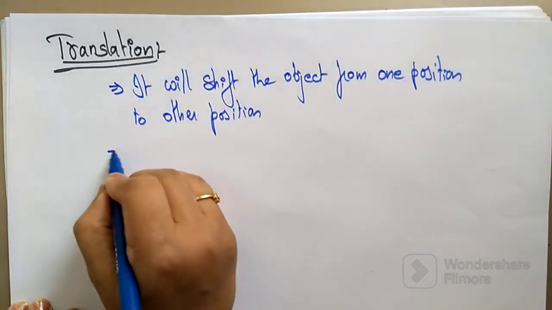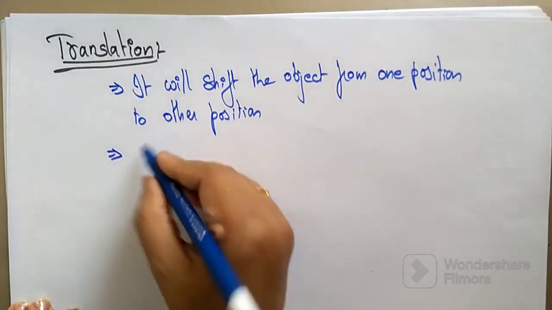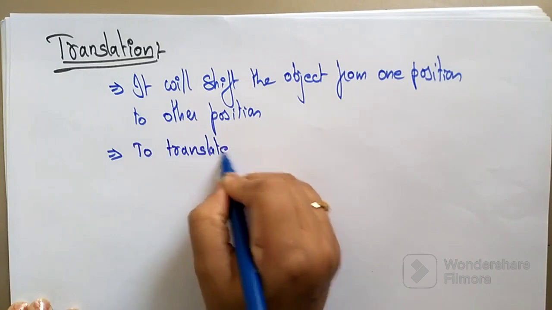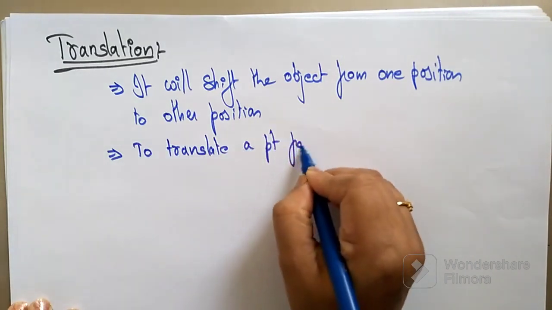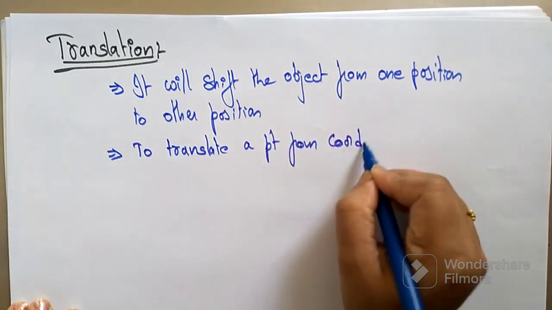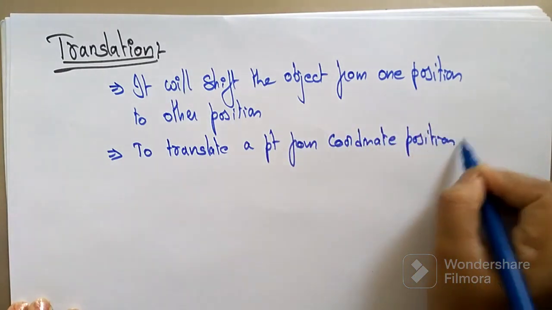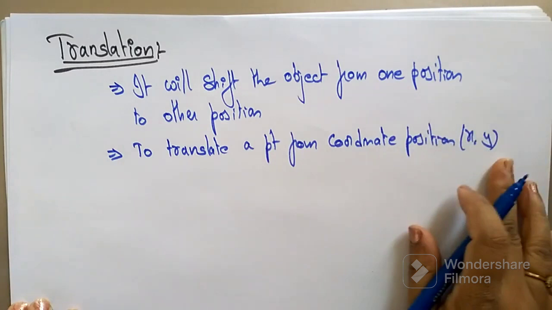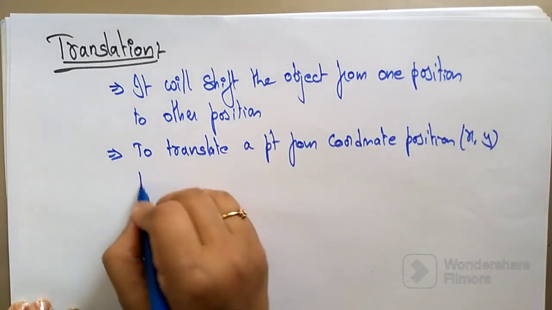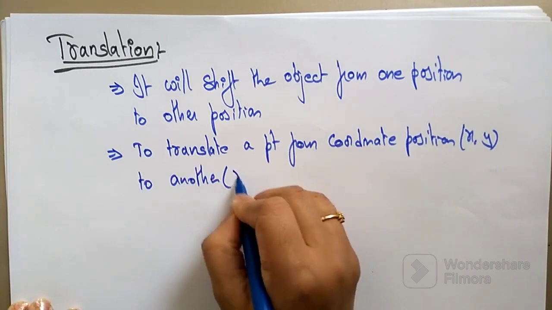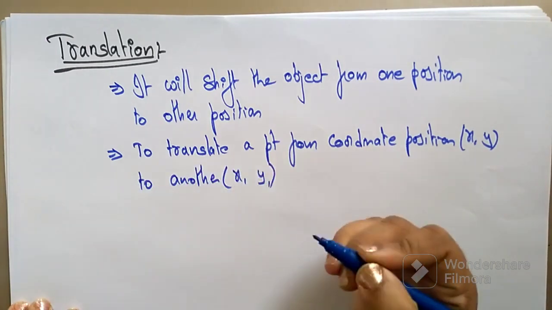So to translate a point from a coordinate position, let us take x and y, to another position, let's take x1, y1.